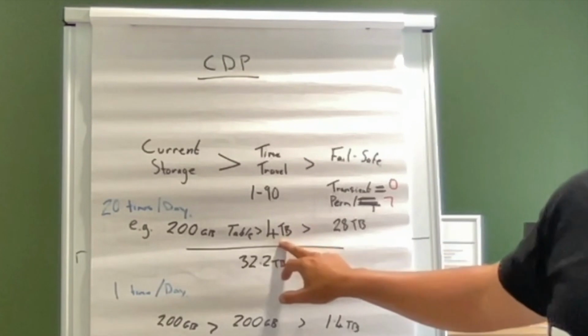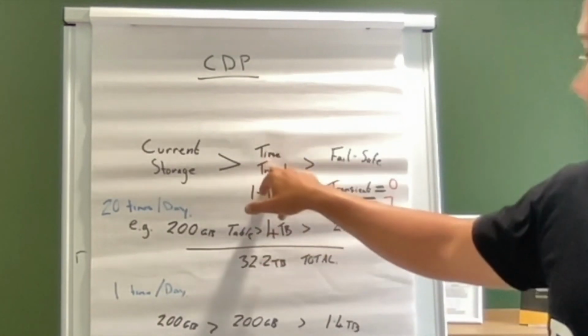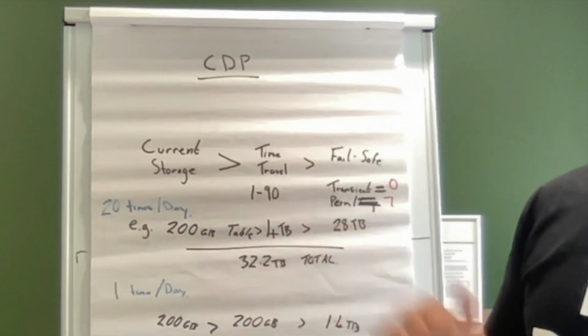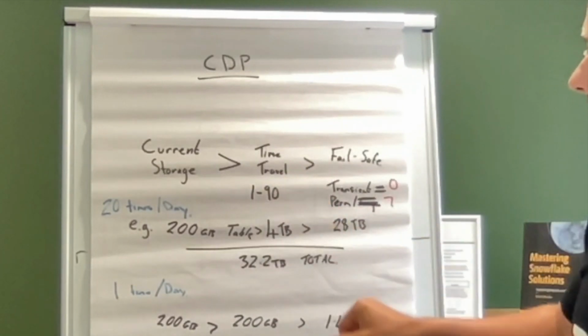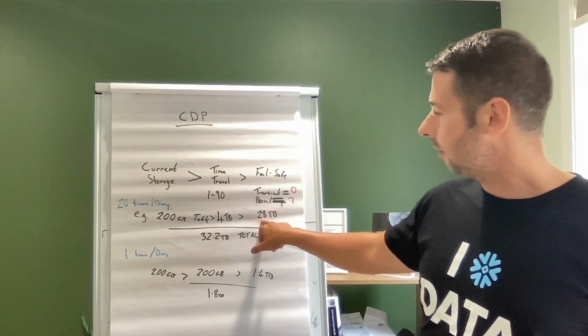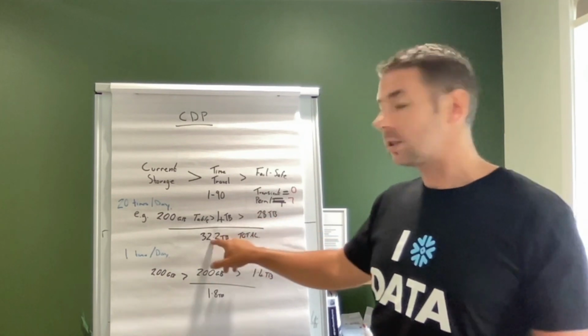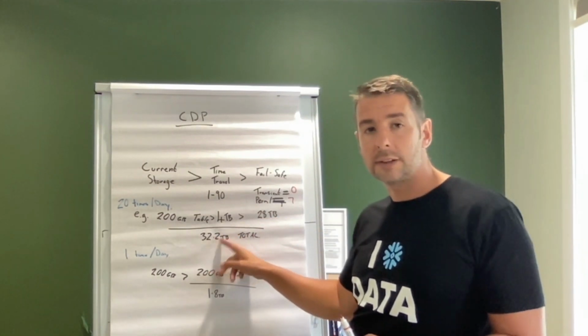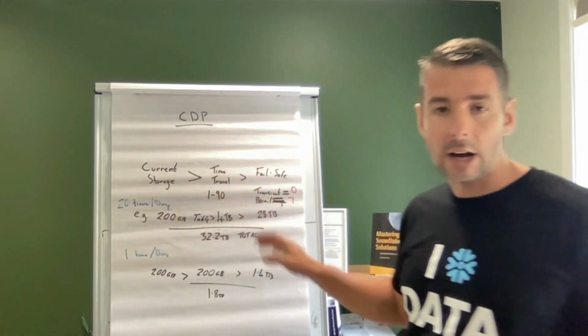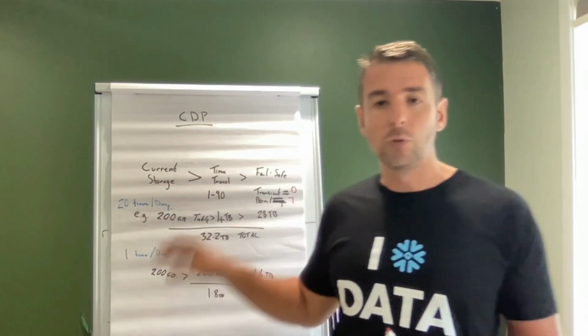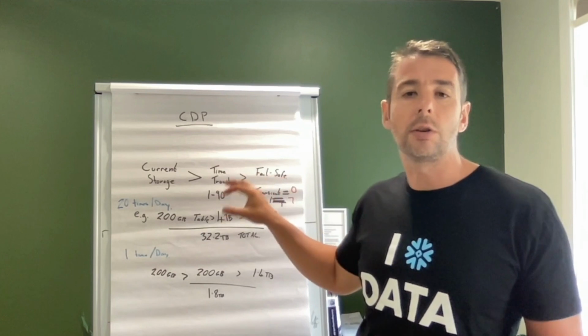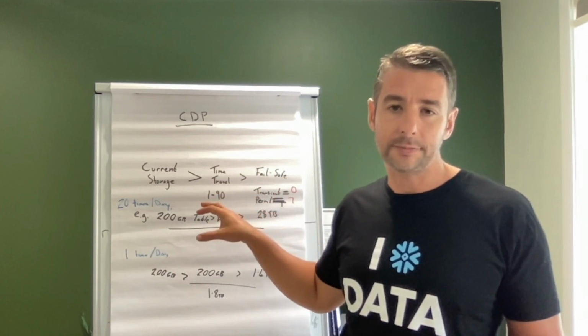That equals 4 terabytes of data going into your time travel, because every version of every record is in there 20 times. That ends up in failsafe, which is coming out at 28 terabytes. That totals 32.2 terabytes in total that you're paying for because of this. So that high churn table in this situation is incurring overly excessive costs.